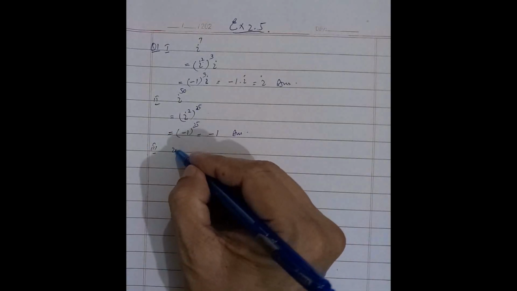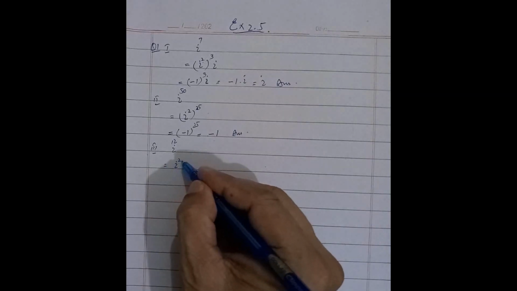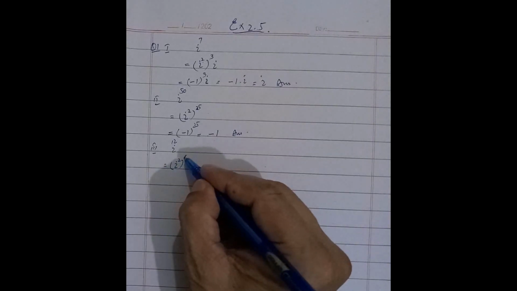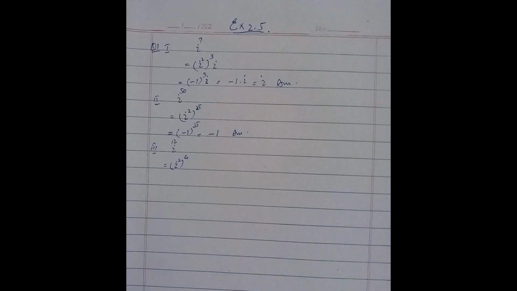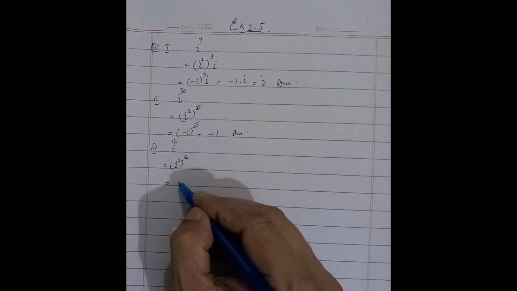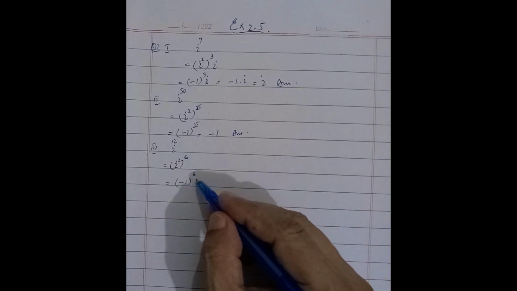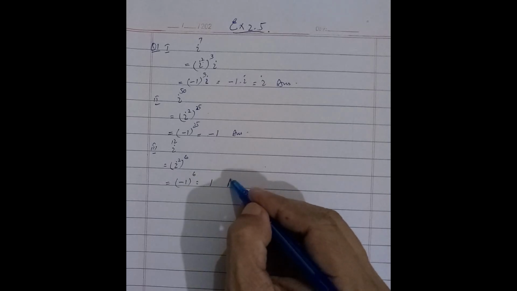And the third is iota 12. So take iota square power 6, we get this 12. No need to multiply by iota. So we simplify it. Iota square is equal to -1 and power 6. Because -1's power 6 is an even number, the answer is 1.